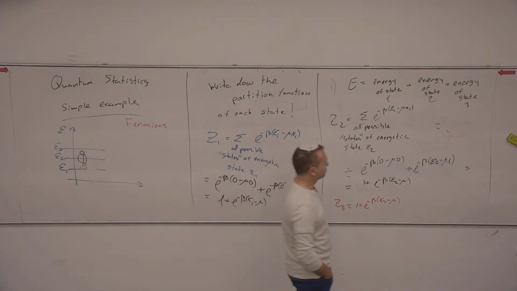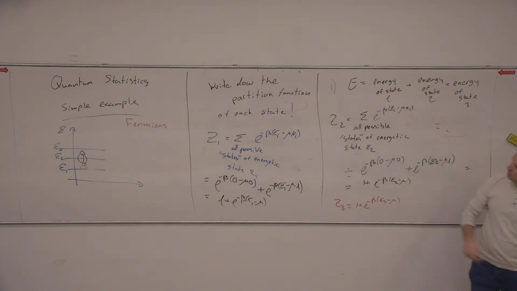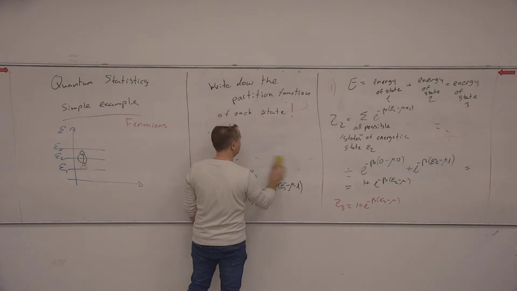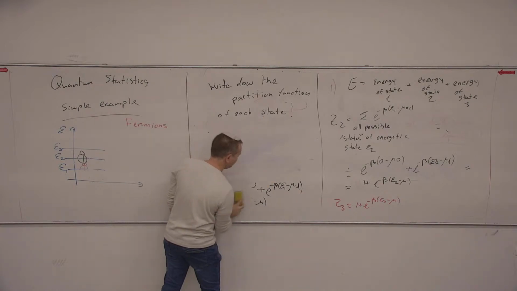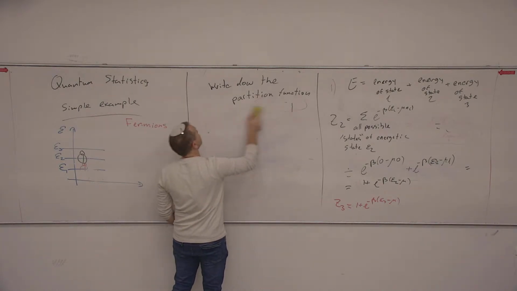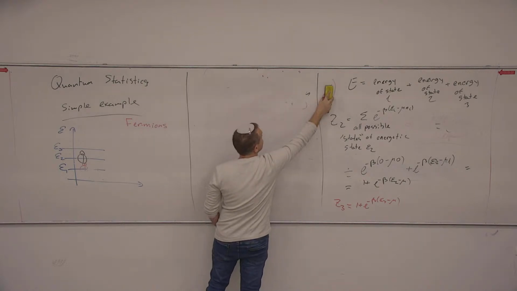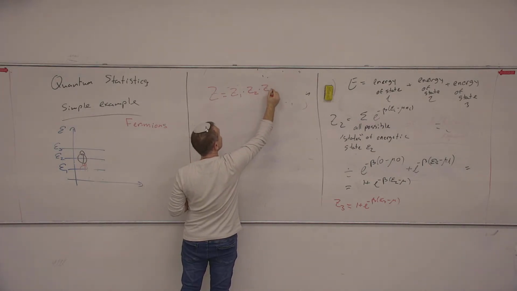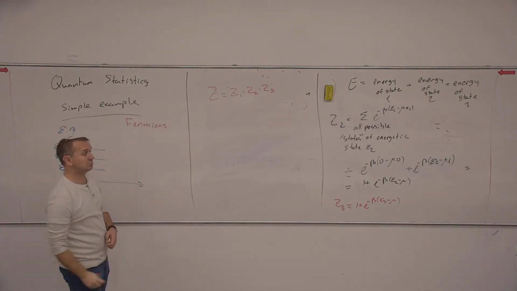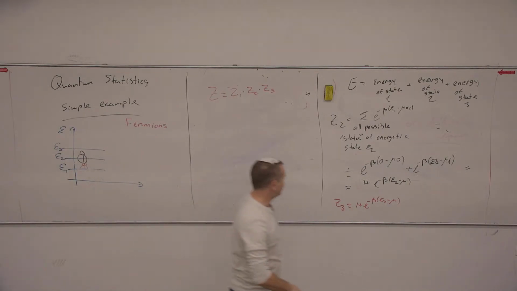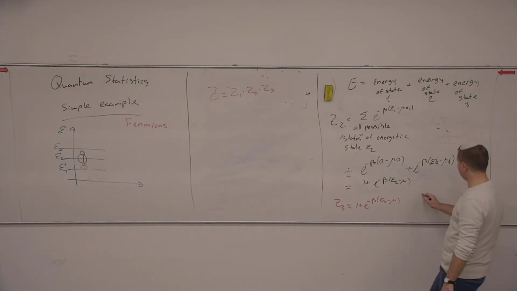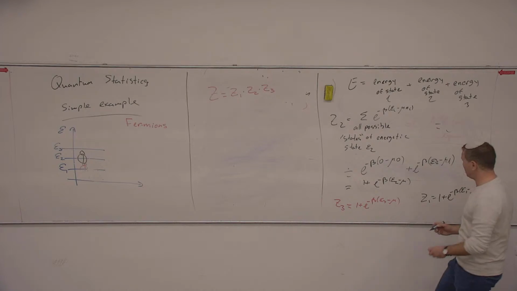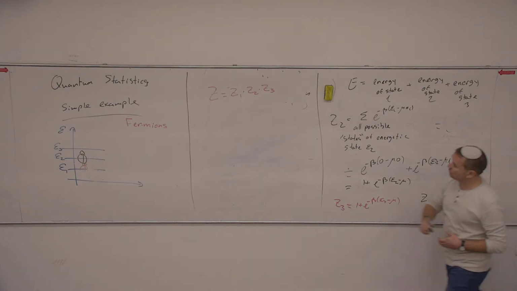So the partition function Z equals Z1 times Z2 times Z3. Let's write Z1 over here. Z1 is 1 plus e to the power minus beta epsilon 1 minus mu. So we have this multiplication.